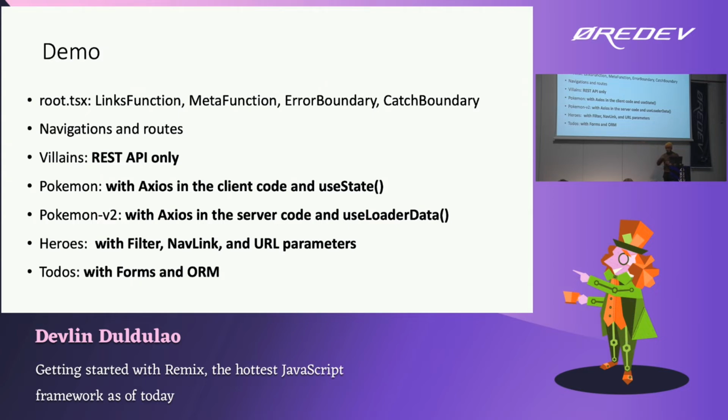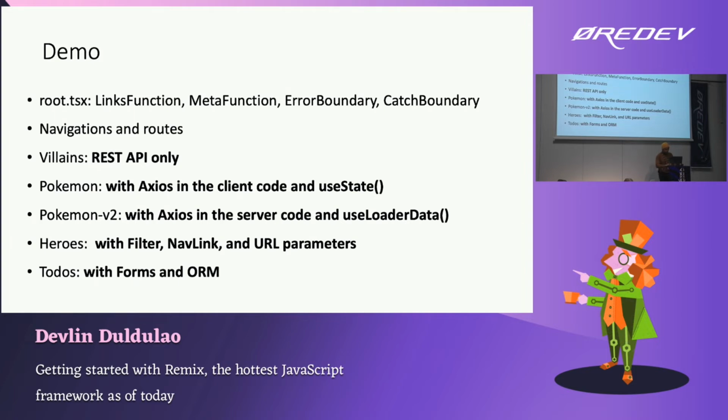And I have here heroes with filter, navlink, and URL parameters, and then to-dos will be the last because it's about, I wouldn't say complicated, but as a React developer, I'm not used to using forms when mutating my data. It's like the old ways in PHP, right? So I'm putting it at the end with an ORM.